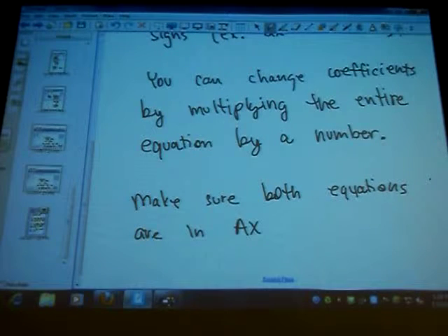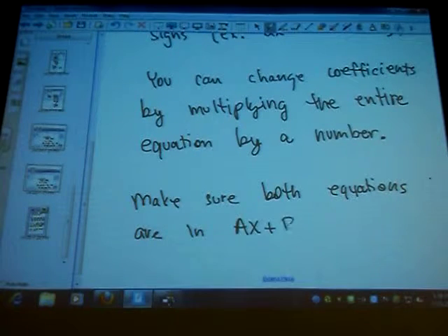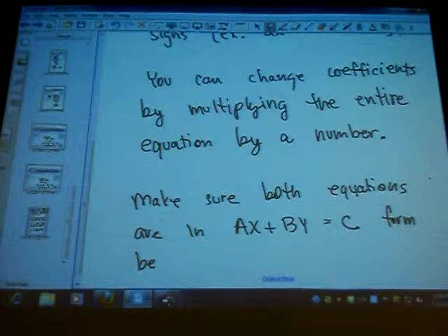You want your x first, so you want ax plus by equals c. So you want your x and your y on the left, x first, y second, and then equals your constants. So you need them to line up that way before you add. Now usually they don't mess them up like that, but sometimes they do.